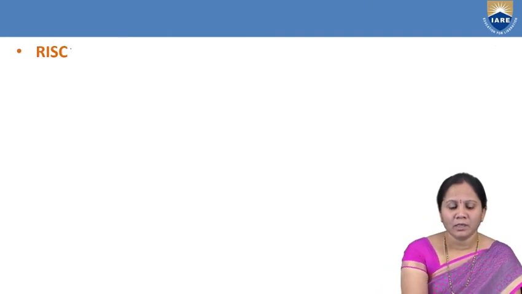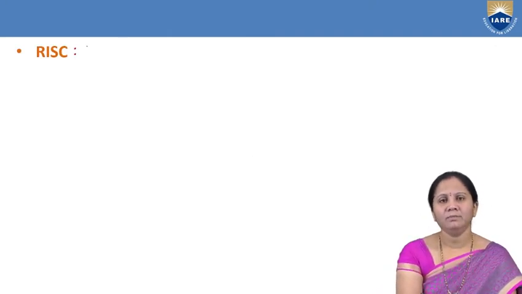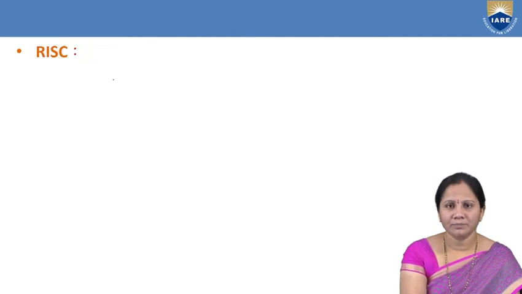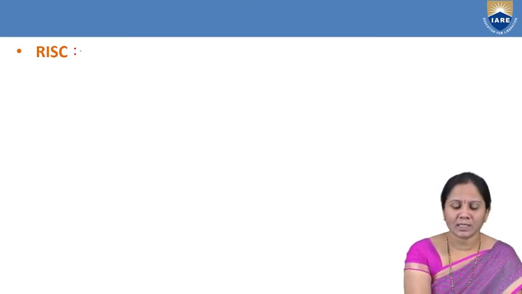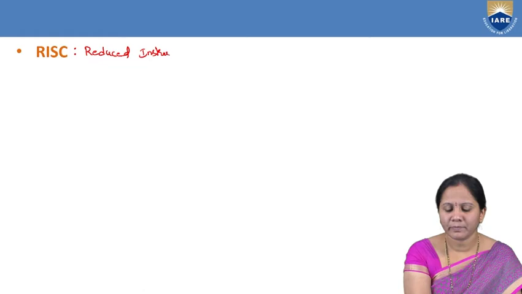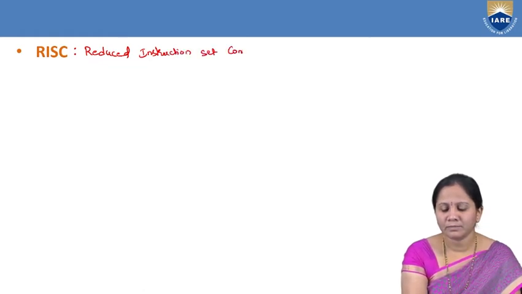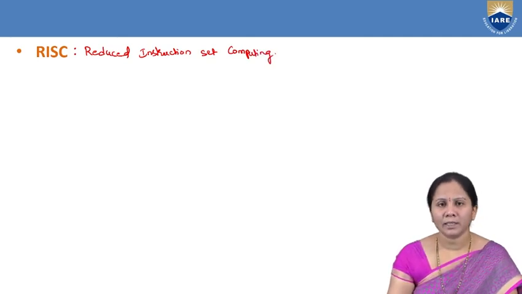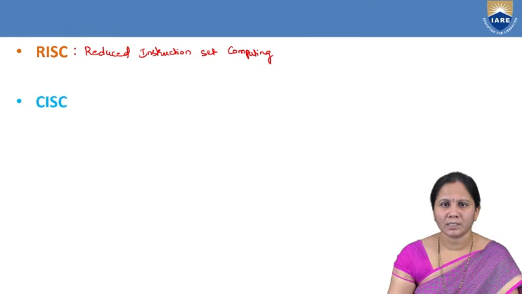Based on the architecture, we have different types of processors. Some of the processors come under RISC. Here RISC stands for Reduced Instruction Set Computing, and another category is CISC.